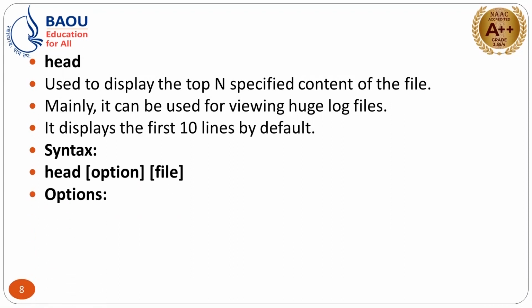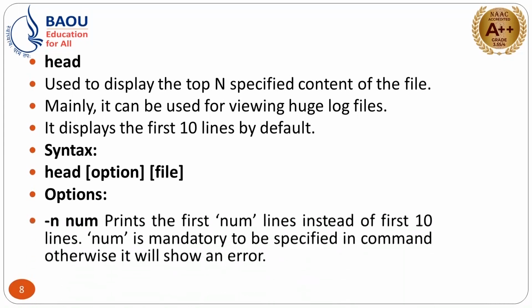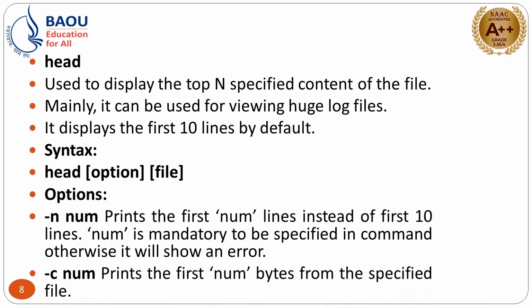We are just creating a few files and entering some contents, and then we can execute this head command. This head command can be used with basically two options, the N option and the C option. The N option represents the total number of lines that you want to display from the top, and the C option displays the total size in bytes that you want to display in a particular file. In that case you use the C option.